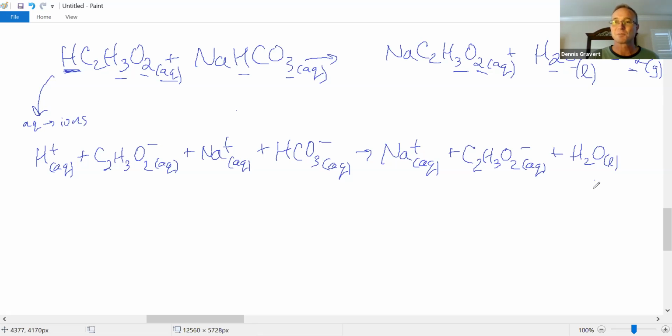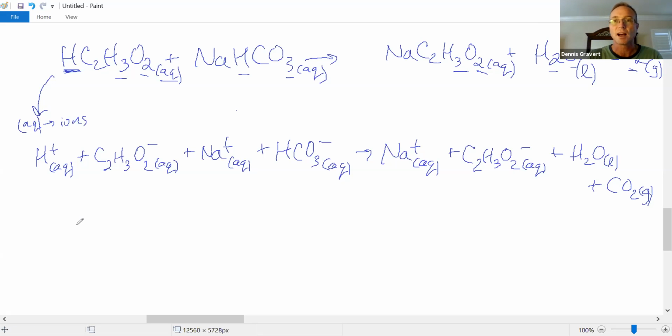And carbon dioxide is a bunch of nonmetals that stick together through covalent bonds, and it's not AQ, so leave that. We're only changing our aqueous things into ions if they separate, if they're ionic.